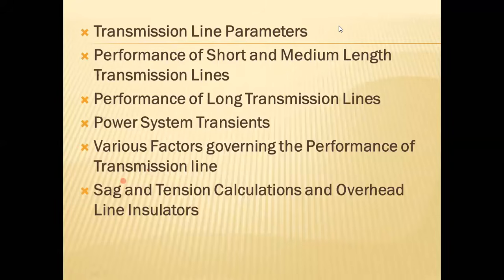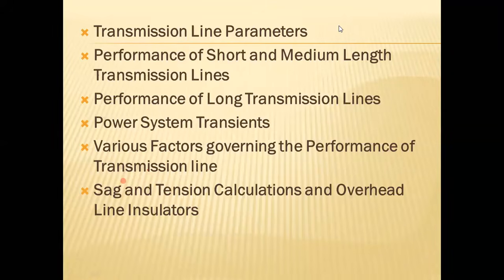We should be estimating these two parameters, the sag and tension in the line, before we erect the line. For this reason, in certain cases, we should also consider the climatic conditions and environmental effects, like the wind and ice loading on the line. So we need to consider all these aspects, and we should be able to estimate the sag and tension in the line.